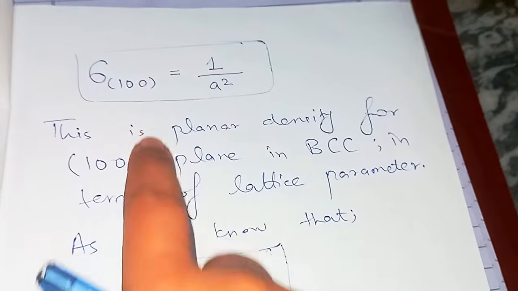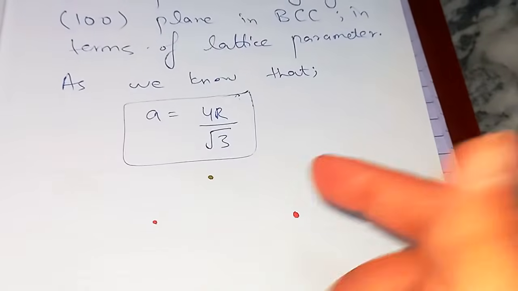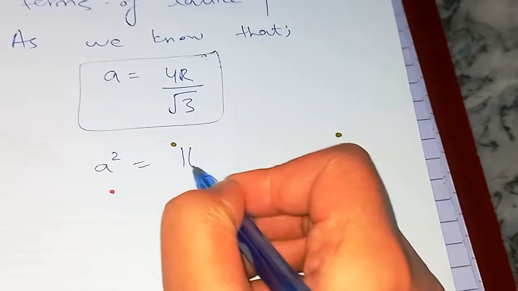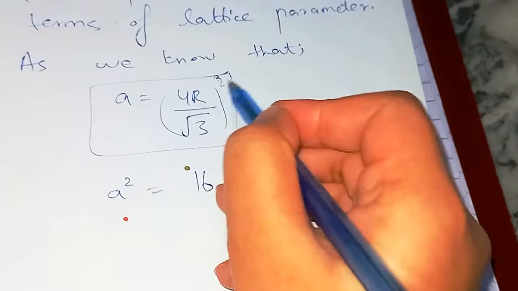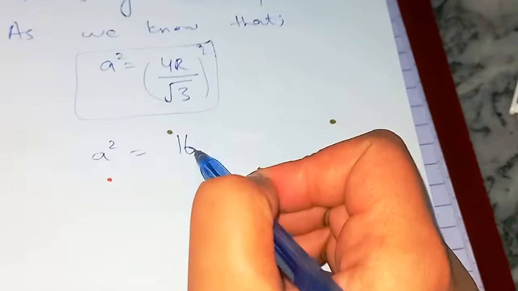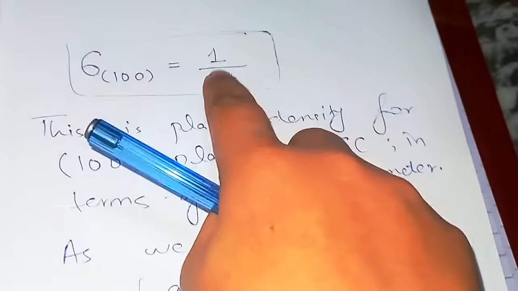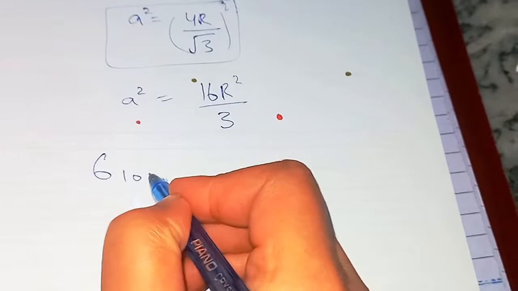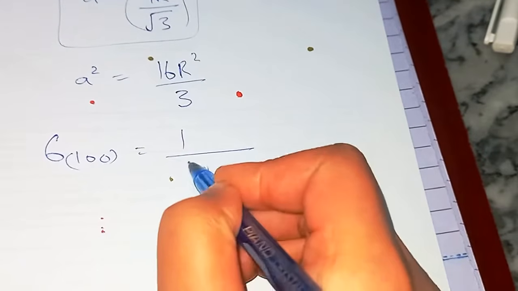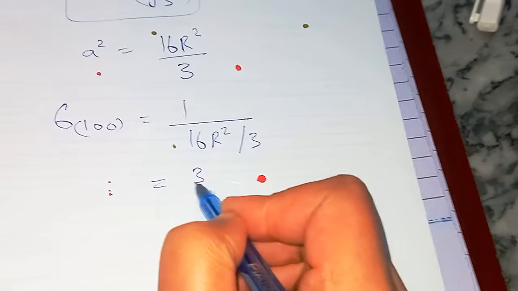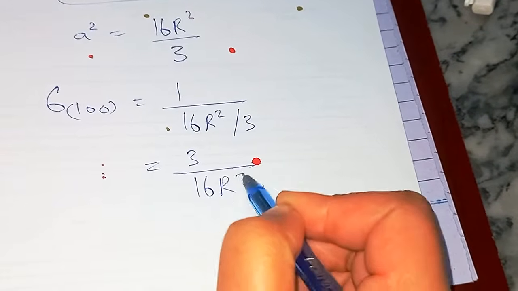Now we can put this into the expression in order to get the planar density in terms of atomic radius. A squared will be equal to 16 r square divided by 3, taking the square on both sides. So we can put it right in here: 1 divided by 16 r square divided by 3. So 3 will go upward, and it's 3 by 16 r square.